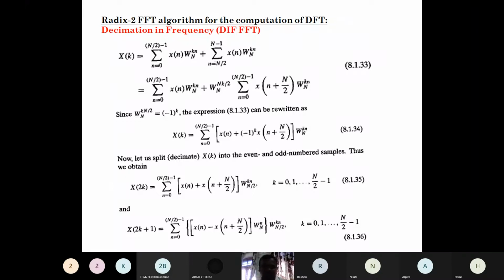The method now is decimation in frequency, that is DIF FFT. In the question paper, you have to see carefully whether they are asking DIT or DIF. The difference is only F and T. Decimation in time, decimation in frequency.